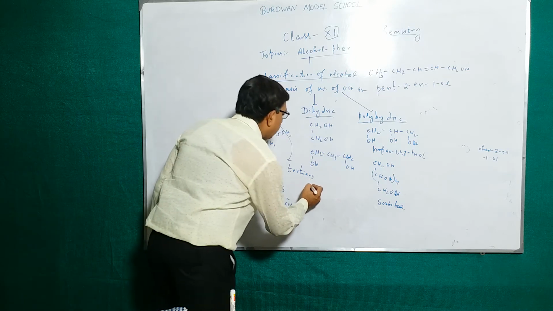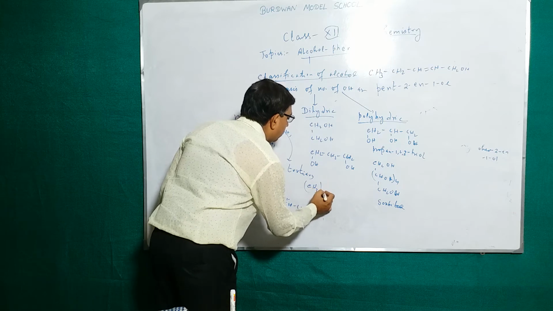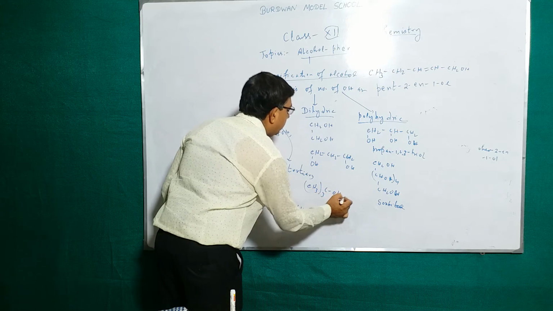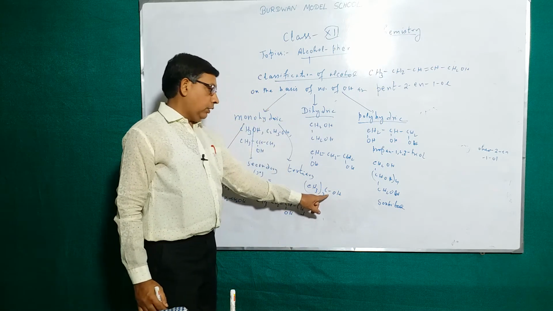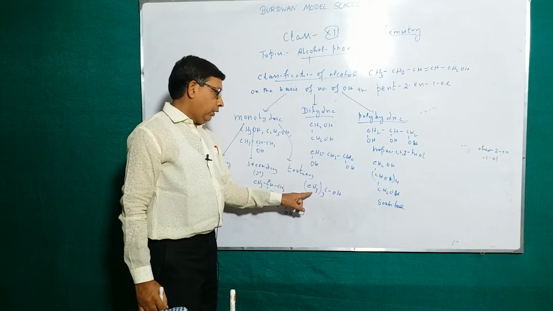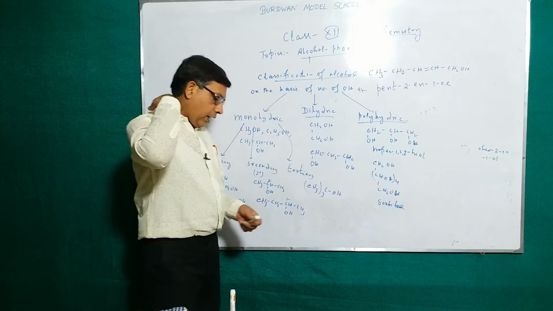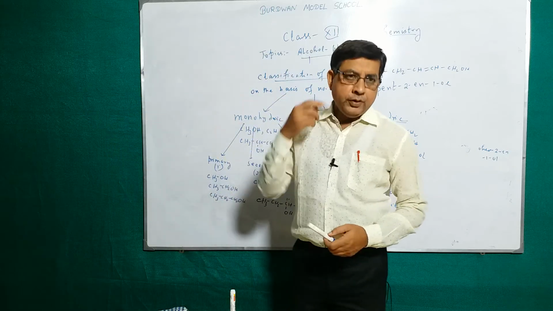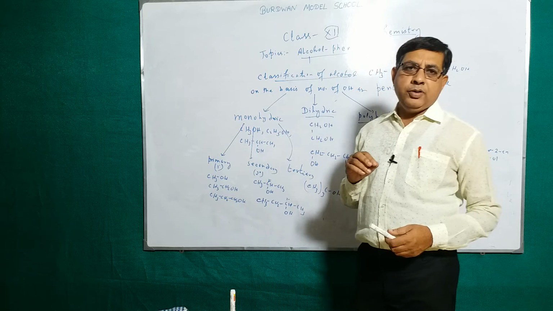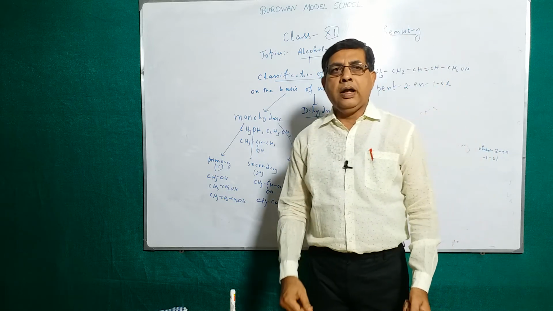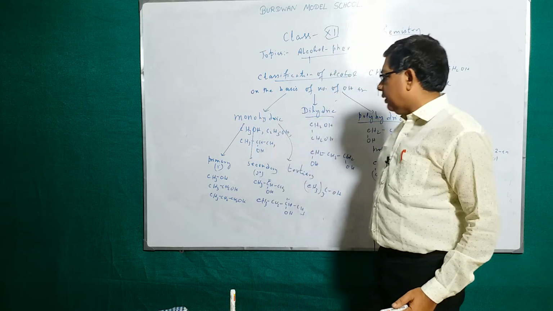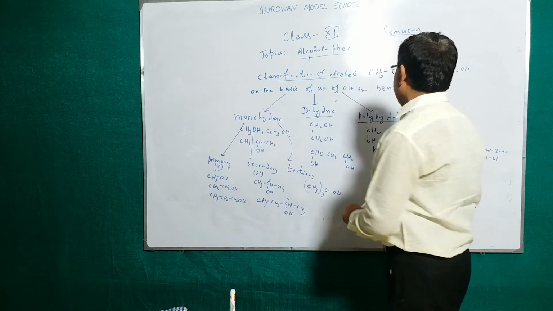A tertiary alcohol, say (CH3)3COH: this carbon is a tertiary carbon, linked with 3 neighboring carbon atoms. This is called tertiary butyl alcohol. So on the basis of the carbon atom linked with OH, alcohols are 3 types: primary, secondary, and tertiary.